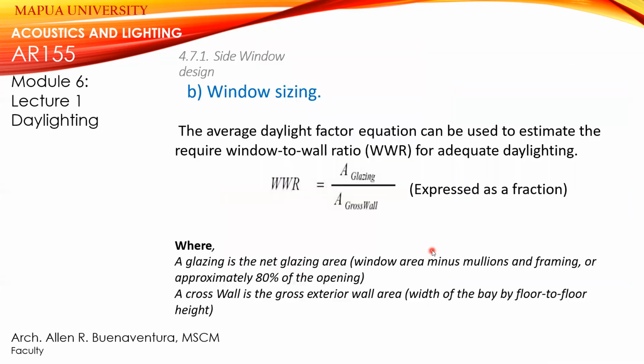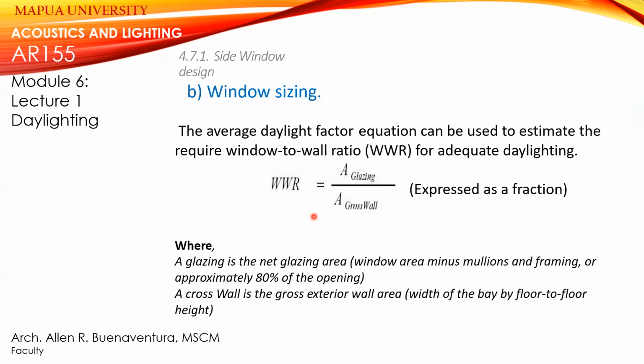For the window sizing, the average daylight factor equation can be used to estimate the required window to wall ratio for adequate lighting. It is expressed as WWR, the window to wall ratio, equal to A glazing divided by A gross wall, expressed as a fraction. The glazing is the net area, window area minus mullions and framing, or approximately 80% of the opening.